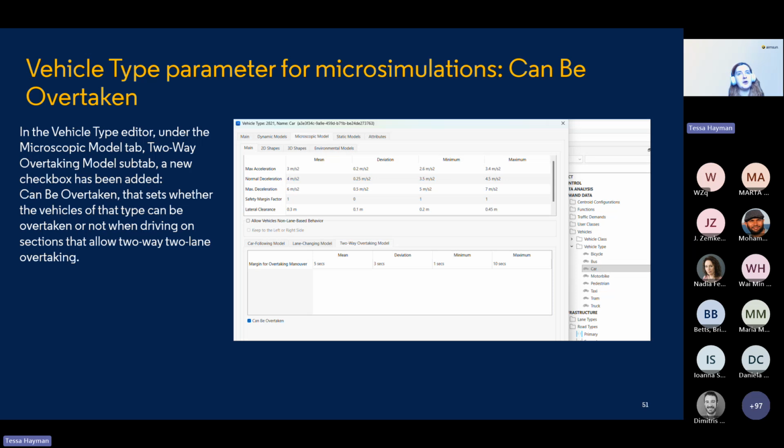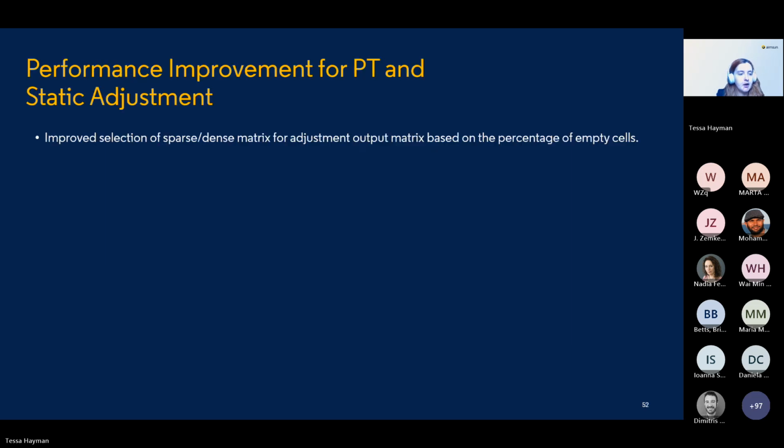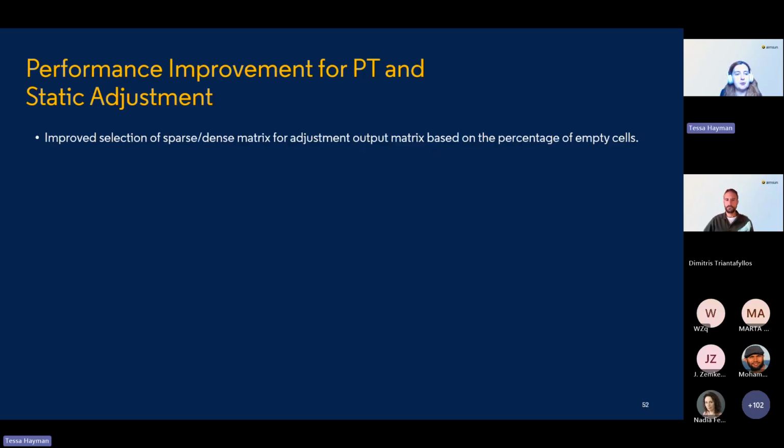This is designed for if you are using the two-way, two-lane overtaking model, that you can say certain vehicles will not be overtaken. For example, a lorry carrying parts for a wind turbine that is very, very wide. We've also improved the performance for public transport and static assignment.